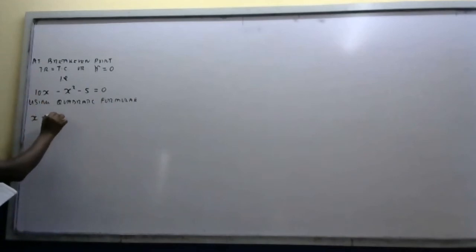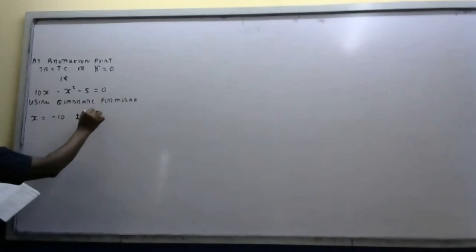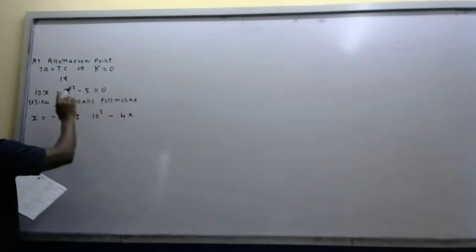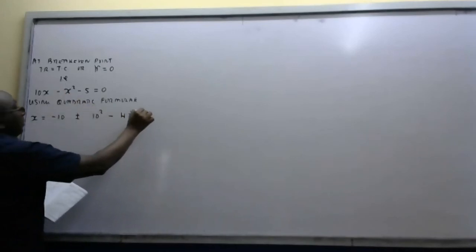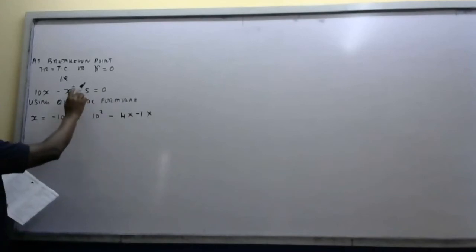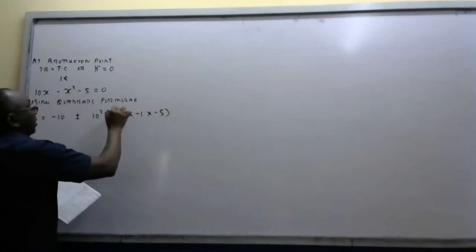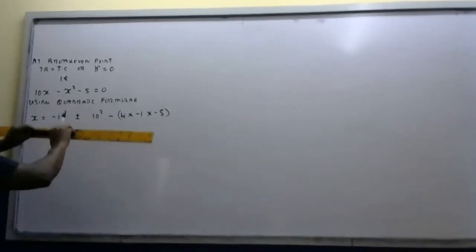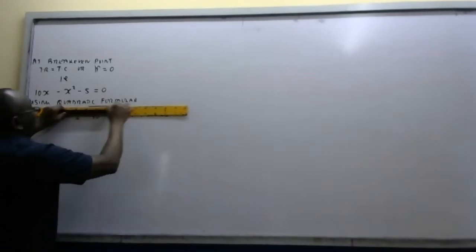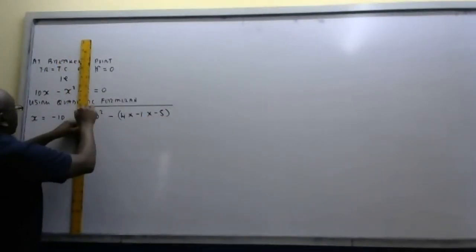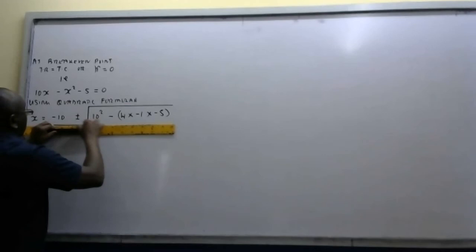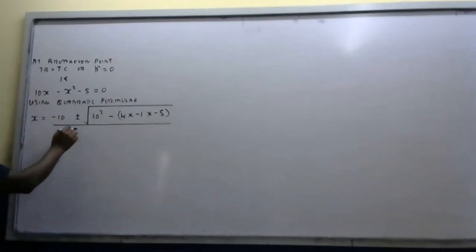So it is minus 10 plus or minus the square root of 10 squared minus 4, a is this one, minus 1, c is this one, minus 5. So you divide by 2 times minus 1.